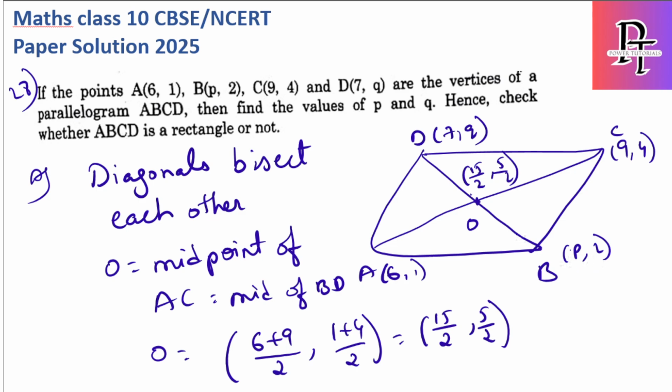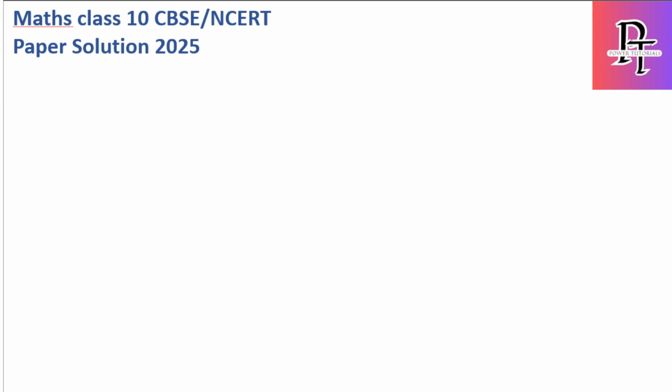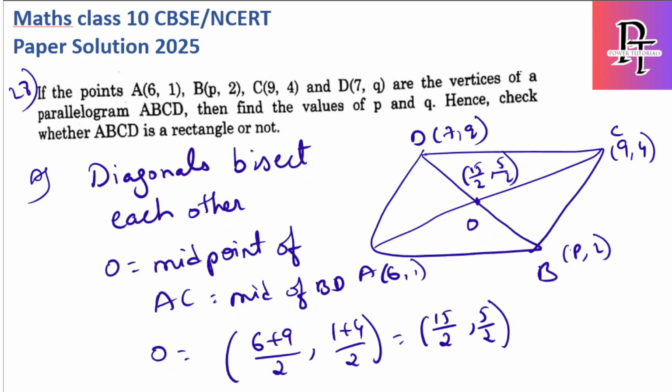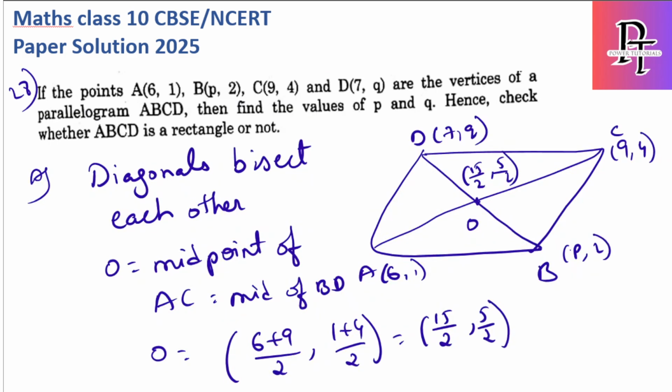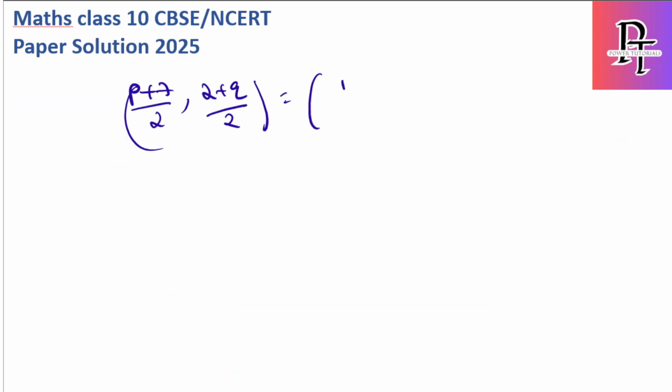Now we can find P and Q. So the midpoint of BD will be ((P + 7)/2, (2 + Q)/2). So this is equal to what we got, (15/2, 5/2). So P + 7 is equal to 15, so P value is 8.